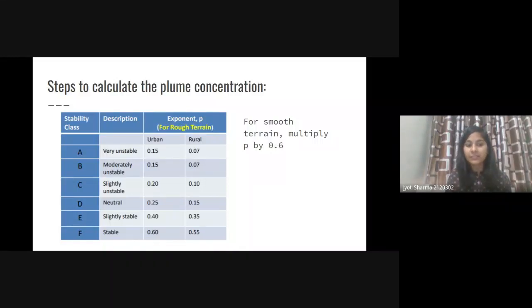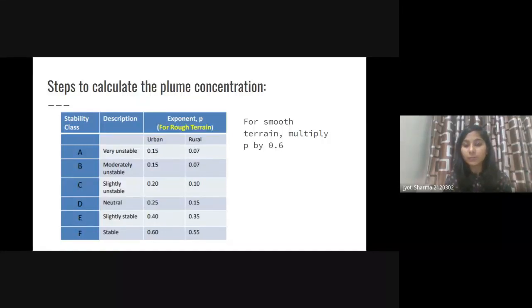If you have stability class C, that is slightly unstable, then your value will be 0.20 and 0.10 for urban and rural respectively. So likewise, you have some value of P. If you know the stability class, you can easily find out what your value for this P will be. And these values are for the rough terrain.